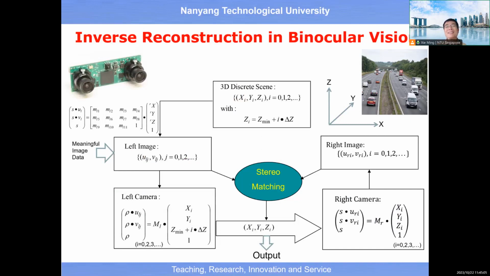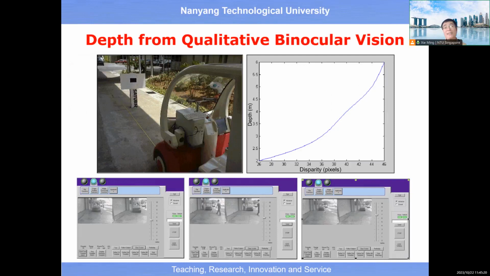Disparity basically means the UV coordinate in the right eye minus the UV coordinate in the left eye. It turns out that the depth information has a very smooth relationship with the disparity.